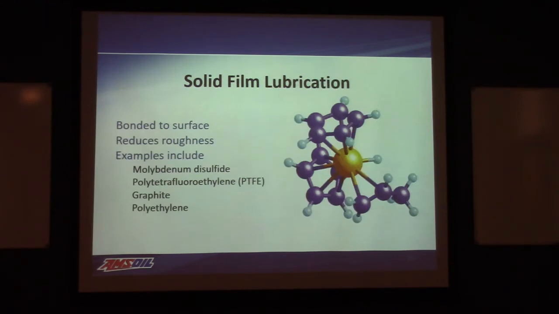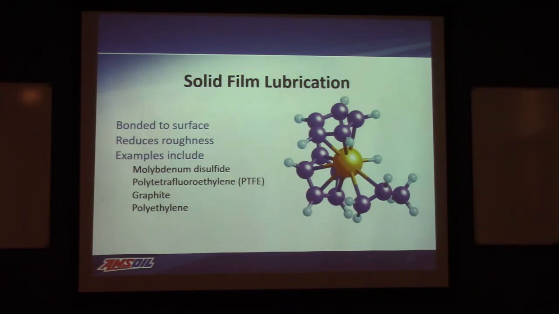There can be solid lubricants added to the oil to minimize wear and increase protection when we're talking about extreme pressure type situations. Probably one of the more common ones, at least to the average consumer, is some form of molybdenum disulfide. We see that as an anti-wear additive in certain engine oils. We see it in greases.